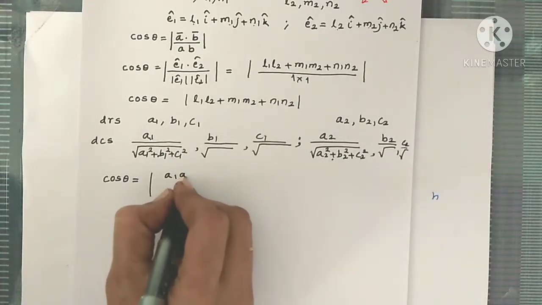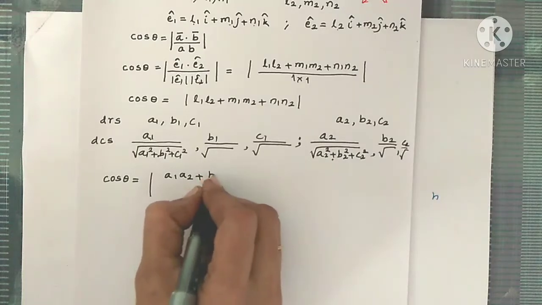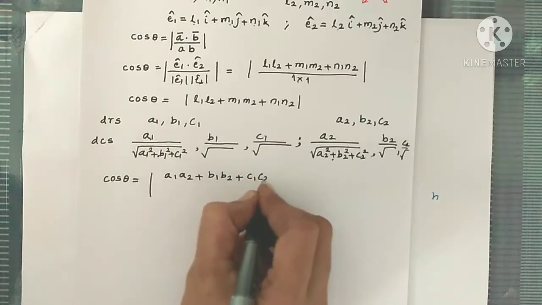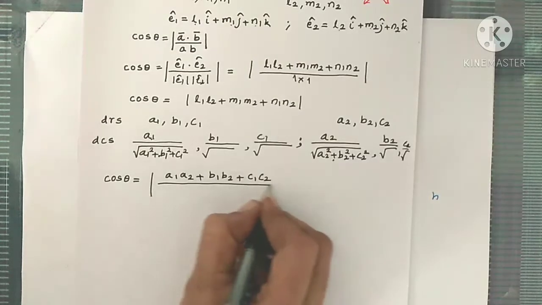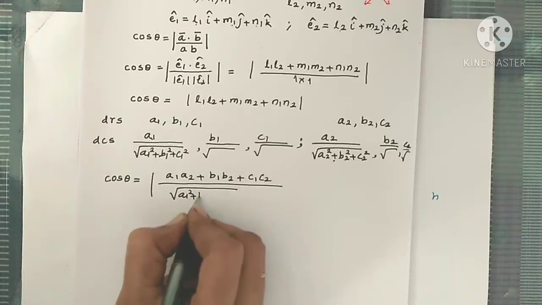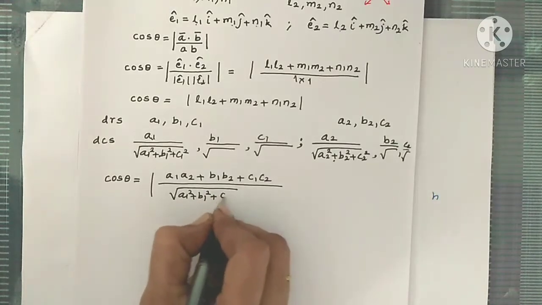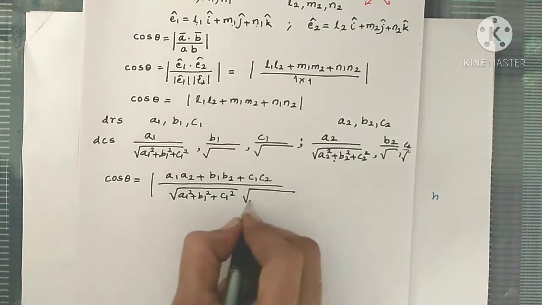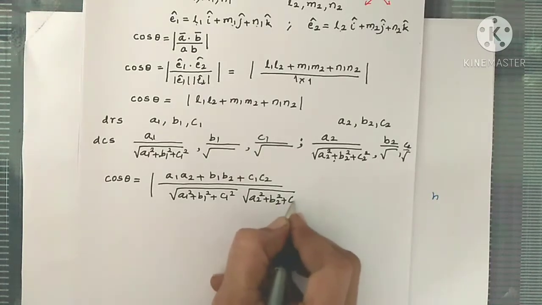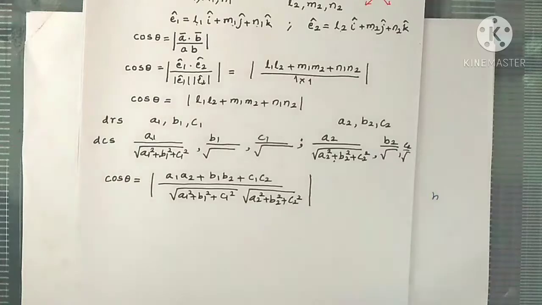As the denominator is the same, let's add the numerators. So it is A1 A2 plus B1 B2 plus C1 C2 divided by root of A1 square plus B1 square plus C1 square multiplied by root of A2 square plus B2 square plus C2 square.